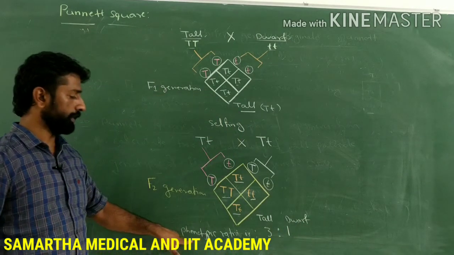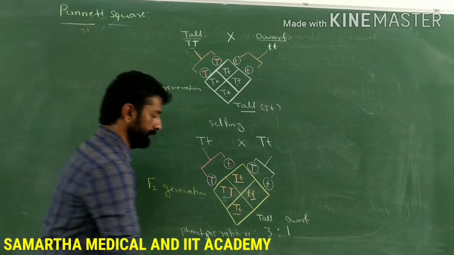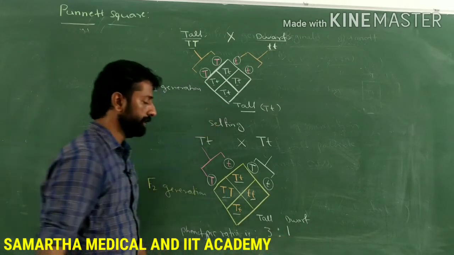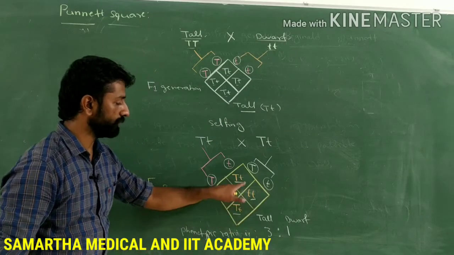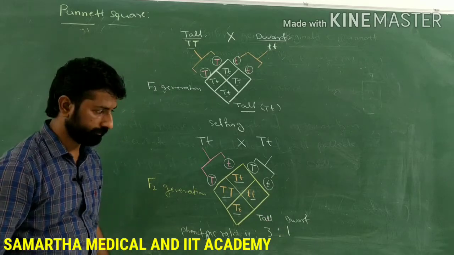So what is the phenotypic ratio of monohybrid cross, or one gene inheritance? It is 3:1. In that, 3 out of 4 are tall, 1 out of 4 is dwarf.